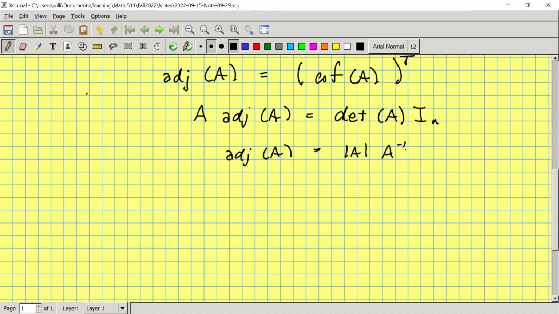And if A is invertible, the determinant is not equal to 0, so I can divide both sides by the determinant. And I get A inverse equals 1 over the determinant of A, which might be negative in spite of the fact that we're using vertical bars, times the adjunct.